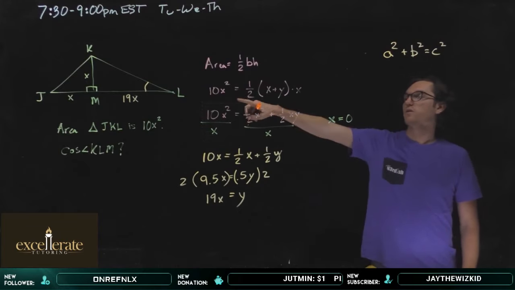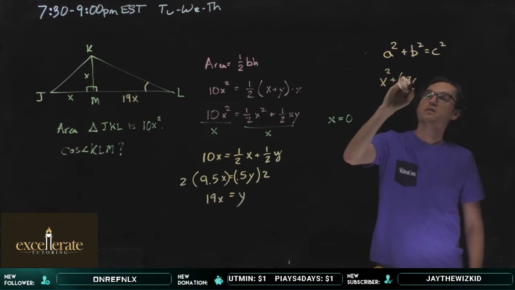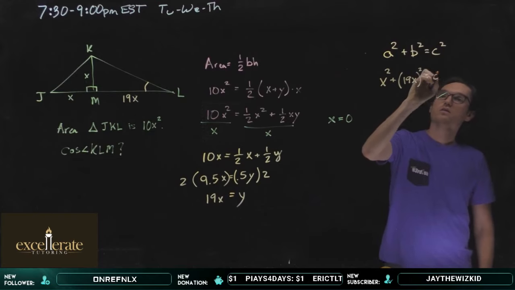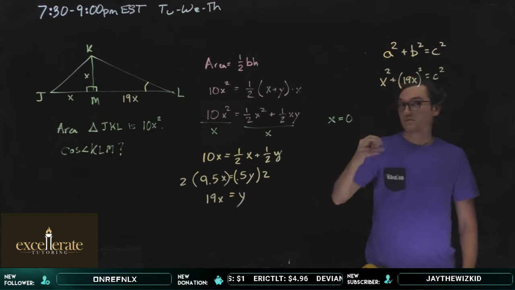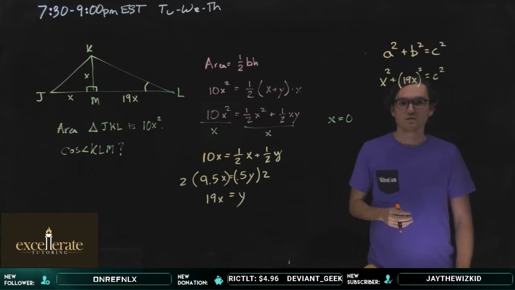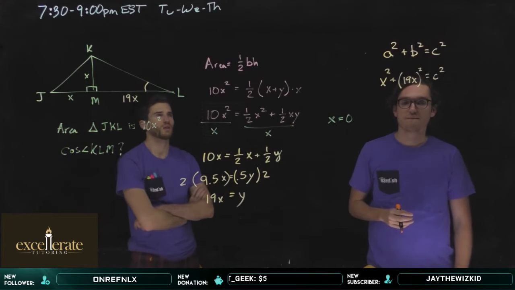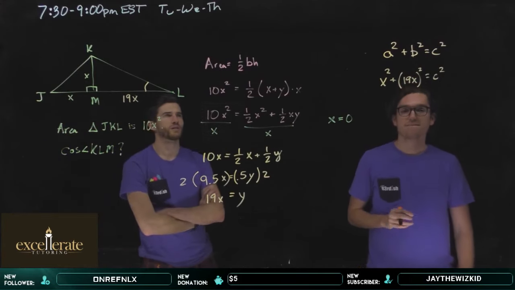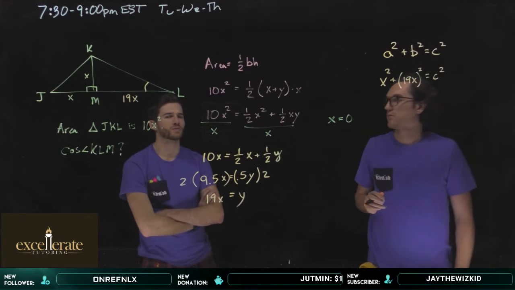Our a squared is going to be one side, x squared plus 19x squared is equal to c squared. Levi, 19 squared. Yes. What is that, 389? Let's see, 20 times 20 is 400, so 19 times 20 would be 380 minus another 19, so 361.